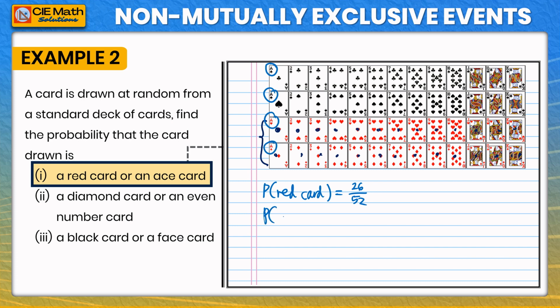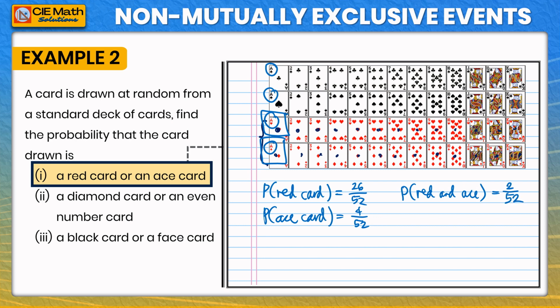So the probability of an ace card is equal to 4 over 52. But how about the probability of getting a red and ace at the same time? How many are they? Looking at them, this will be the common between them, and the common between them. There are 2 of them. So we have 2 out of 52.